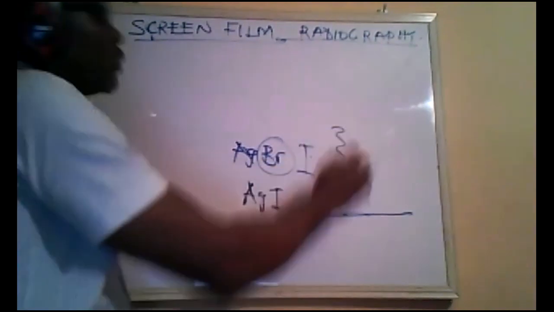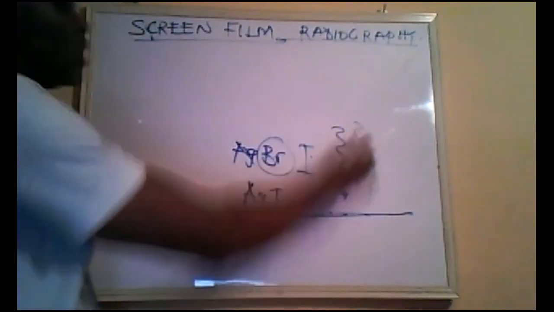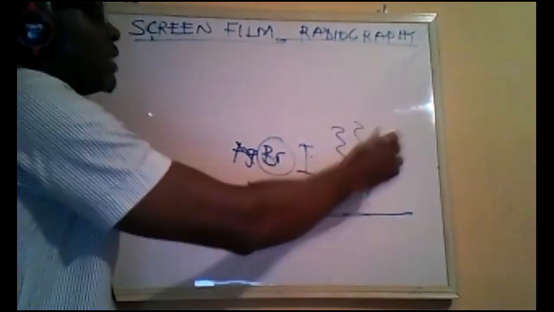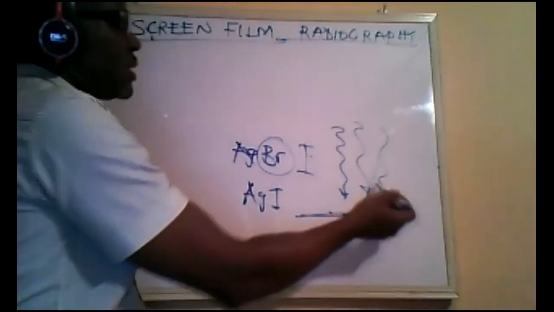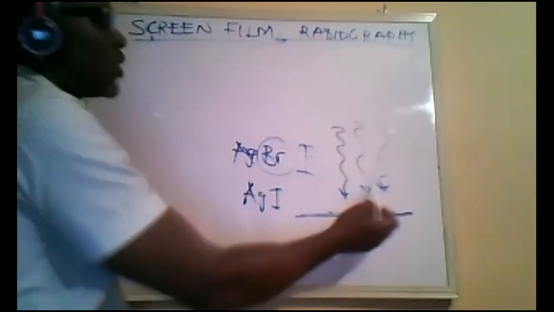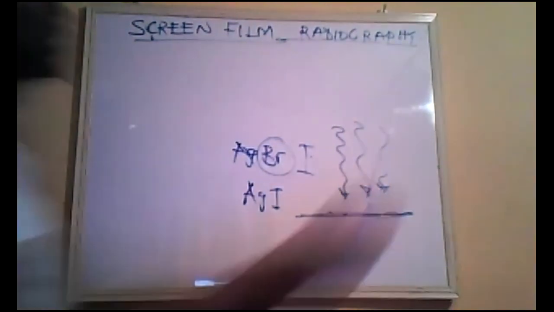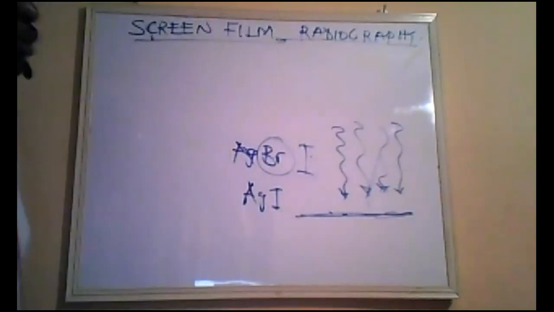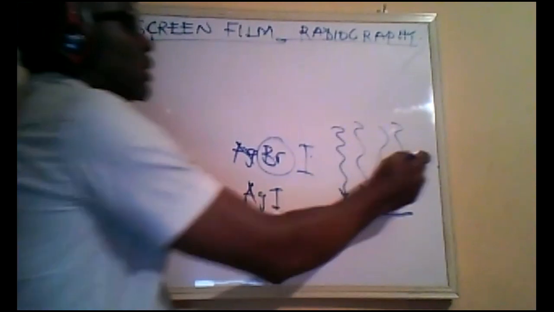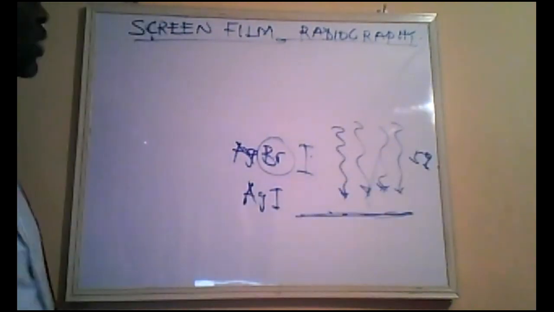If you have an X-ray photon coming from your source, from the body after it has interacted with it, the ability of the film to detect this X-ray photon is very, very small. It can have maybe 1 million photons coming, and the detection wouldn't be more than, say, 5% or even less. So that is why we need to add a screen.